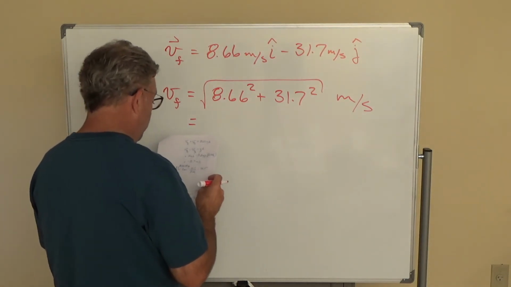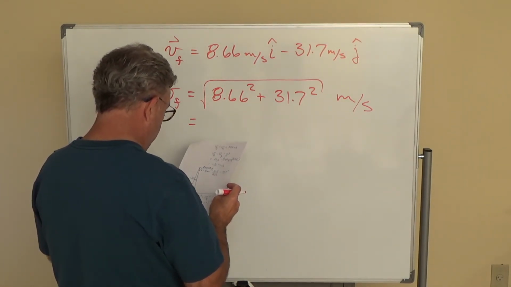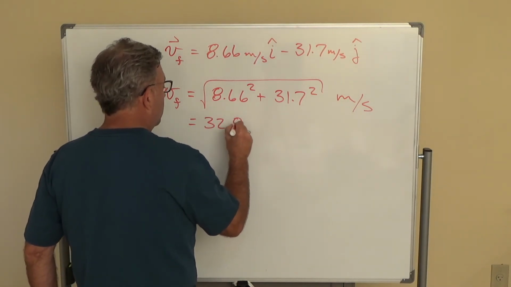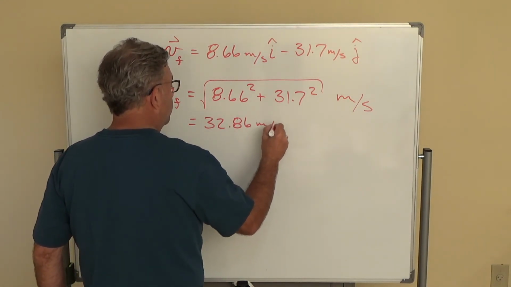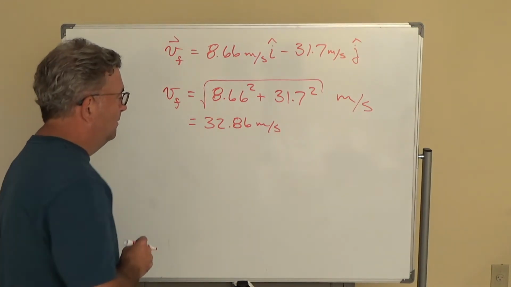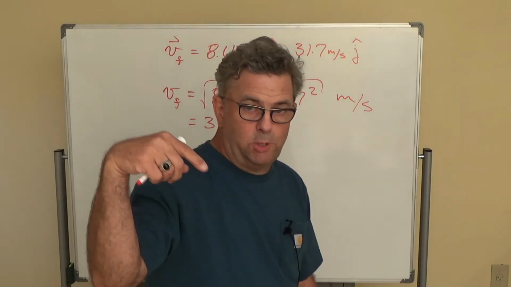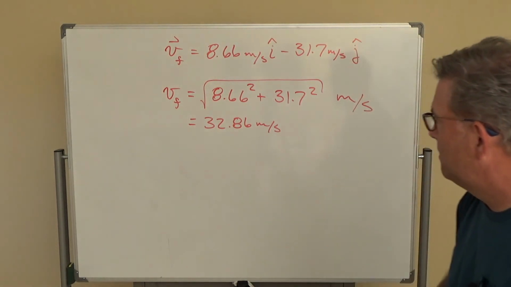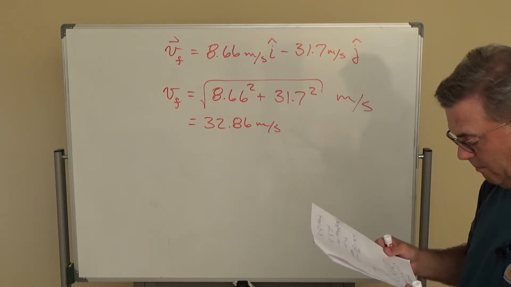And this is equal to 32.86 meters per second. Okay? So that's the speed with which it impacts the ground, 32.86 meters per second.